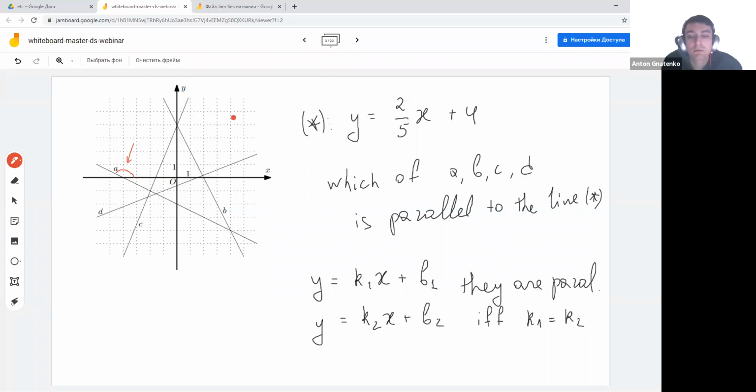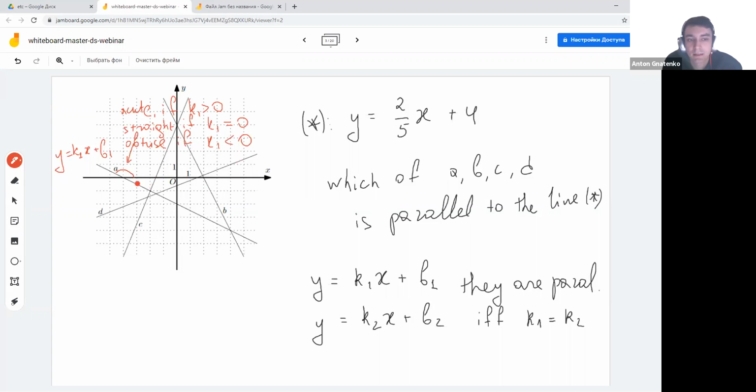The general rule is that if this line A had an equation of this form, then this angle is acute if K1 is positive, straight if K1 is 0, and obtuse if K1 is less than 0.